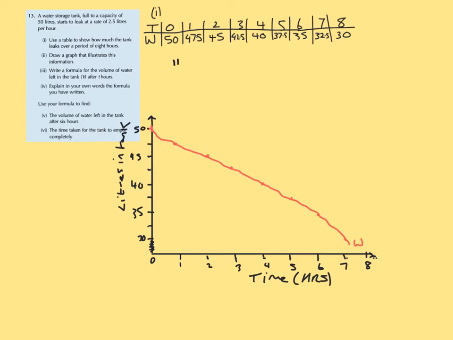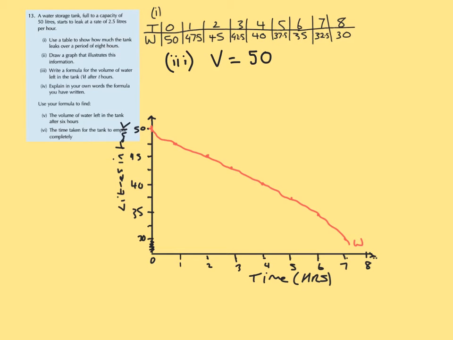So part 3 then says write a formula for the volume of water left in the tank V after T hours. Okay, so we know then we can write this as V equals our starting point, where 0 is 50. Okay, plus, sorry, not plus.